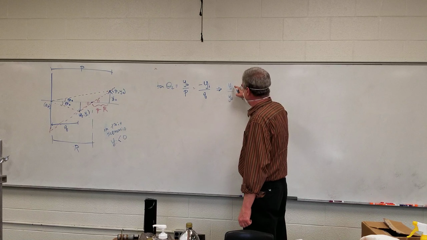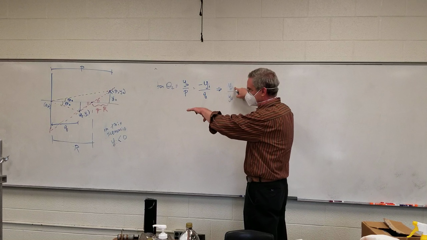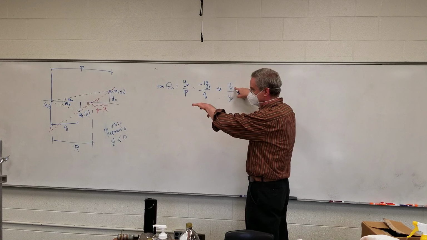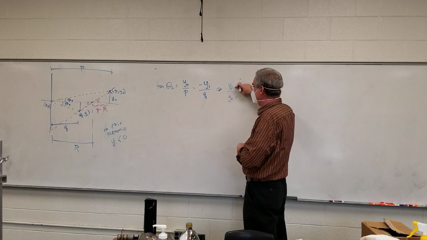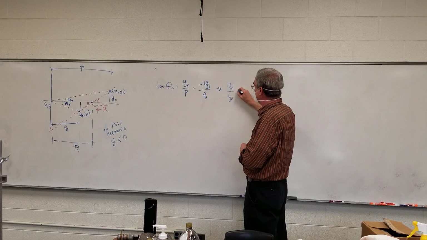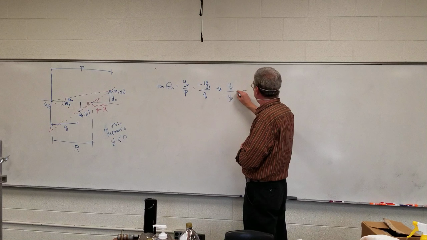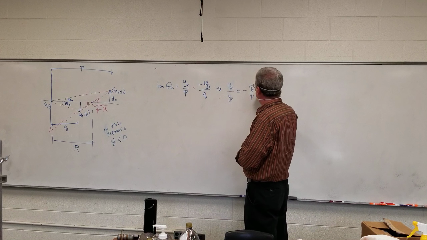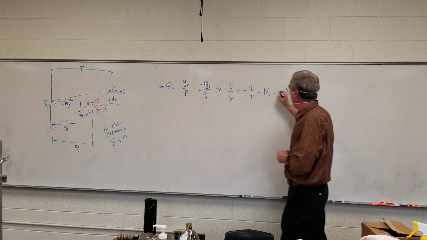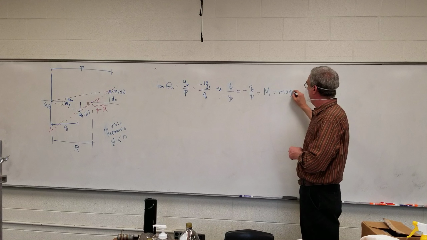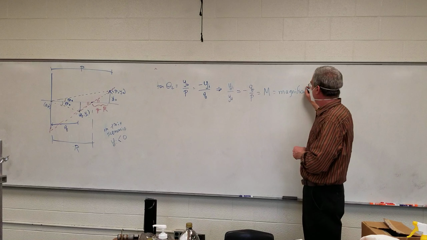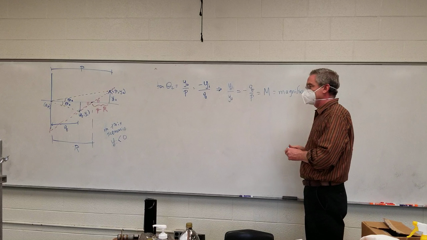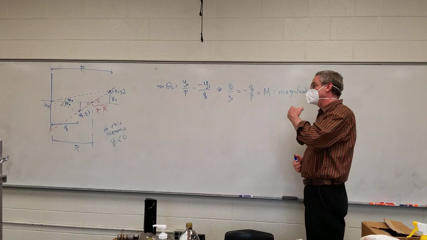So the distance from the axis to the head of the image, basically the height of the image over the height of the object, is equal to negative Q divided by P, which is equal to the magnification. Hopefully more readable.